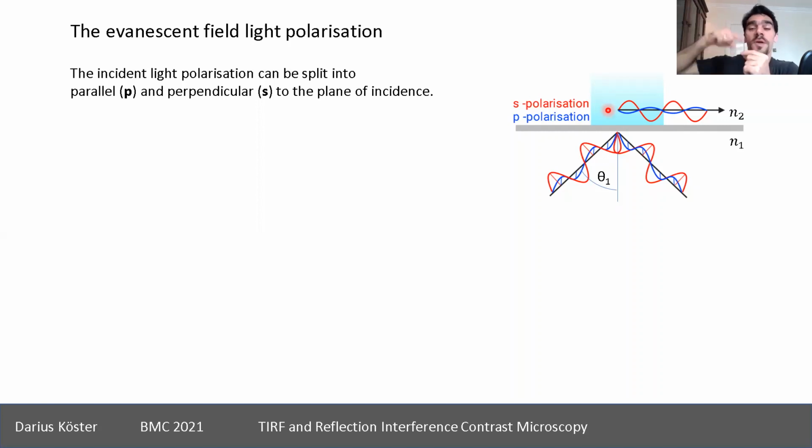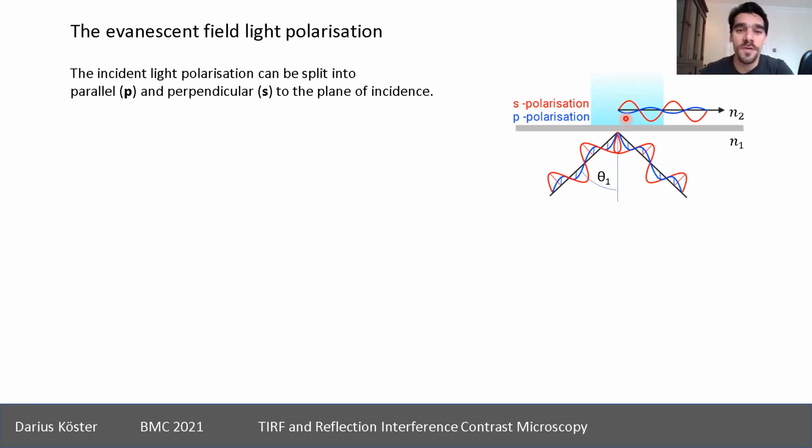So it will wheel around the axis and change its polarization over time. I didn't know how to draw that. There are nice Java applets you can find online. I'll have a link later where you can play around with the angle and see how this changes the evanescent field and the polarization.